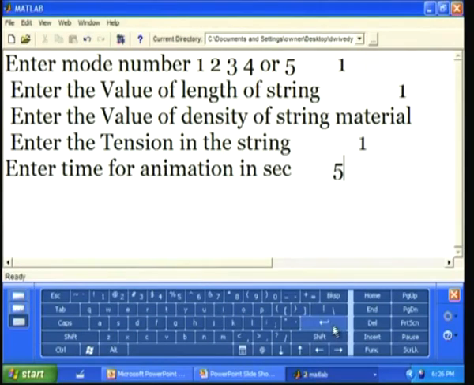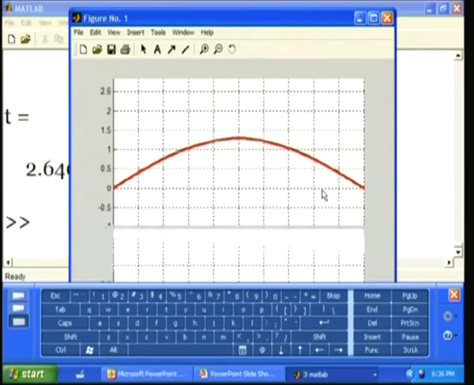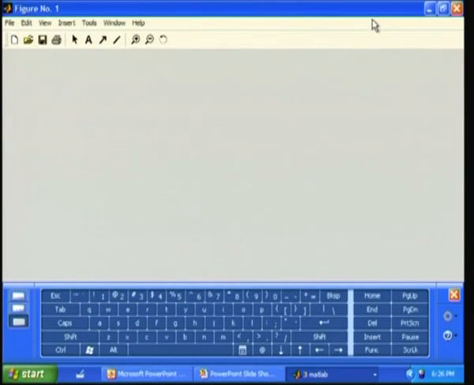You can see the string vibration will take place in this form.